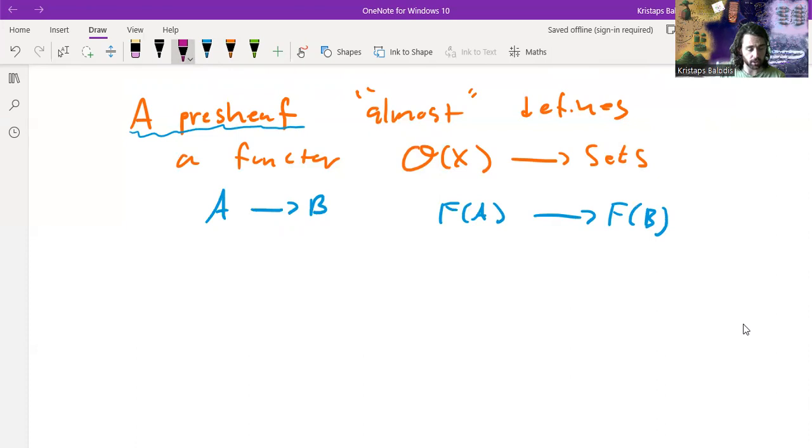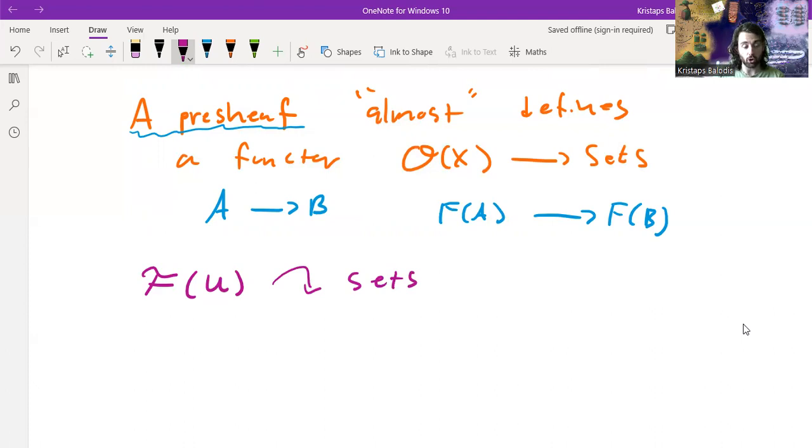I mean, remember that for us a presheaf ate open sets and it spat out sets, or groups or rings or whatever.